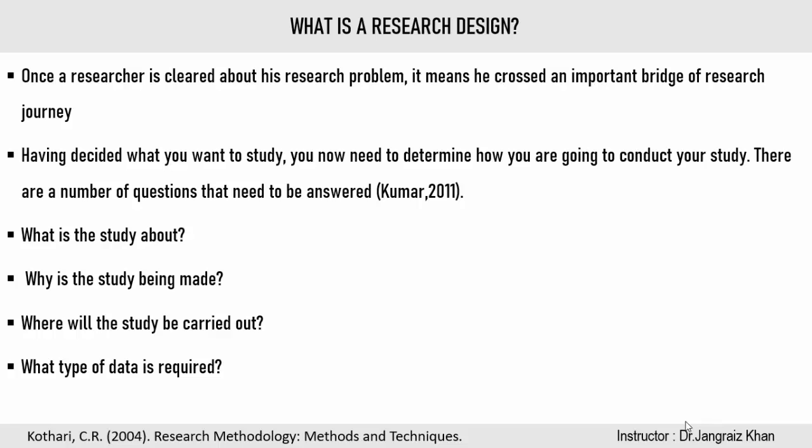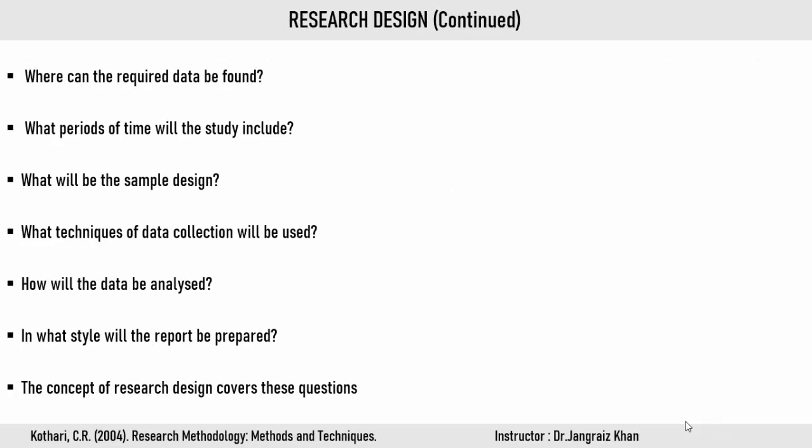If it is primary data, then how will it be collected, what will be the method of collection of that data, and whether it will be a cross-sectional study, or whether time series data will be needed, or whether panel data will be used.